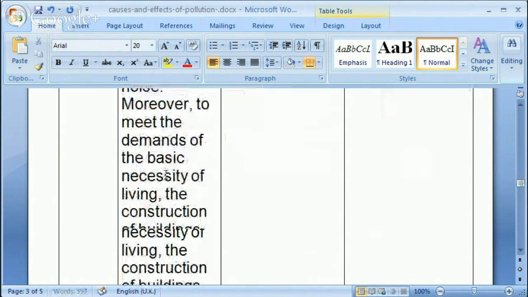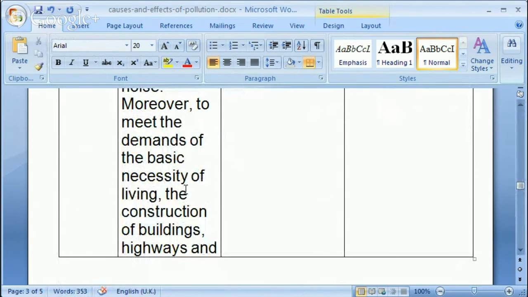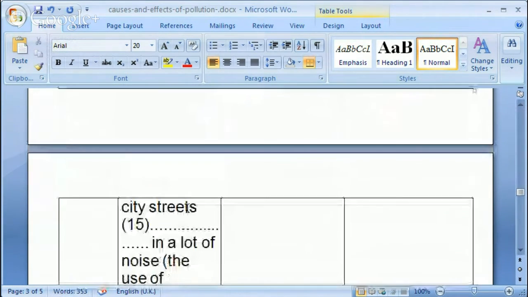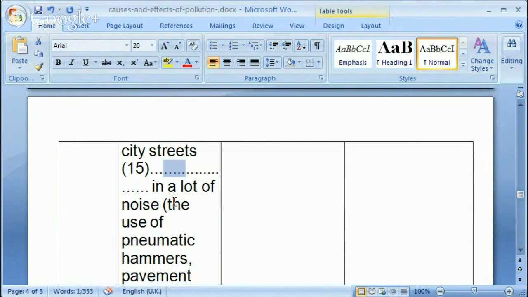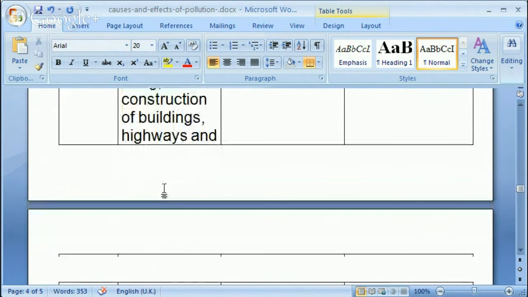Okay. Moreover, to meet the demands of the basic necessity of living, the construction of buildings, highways, and city streets, something in a lot of noise. All these things, something.